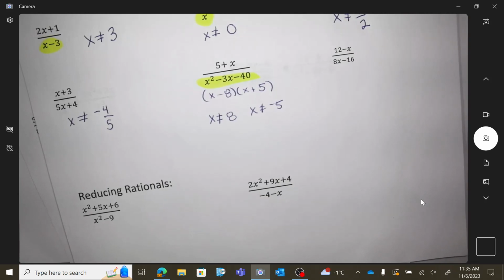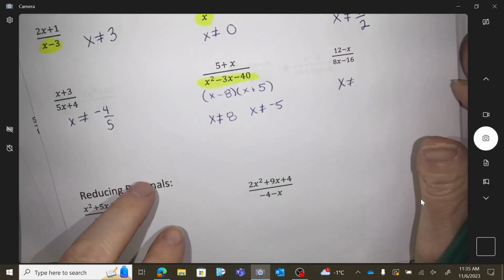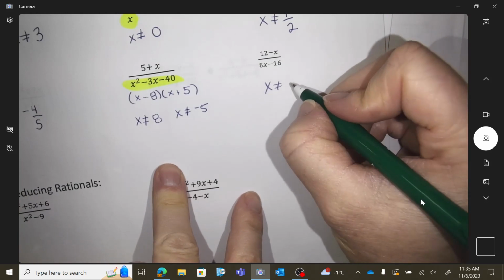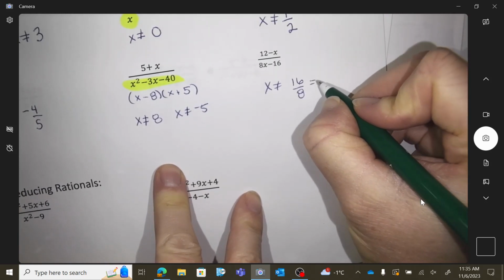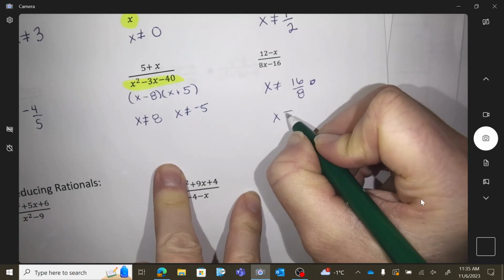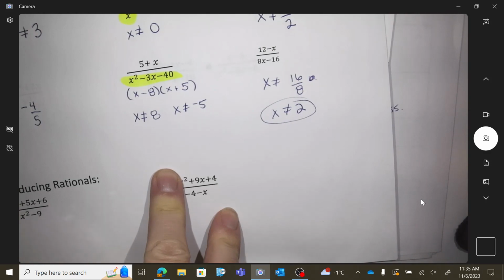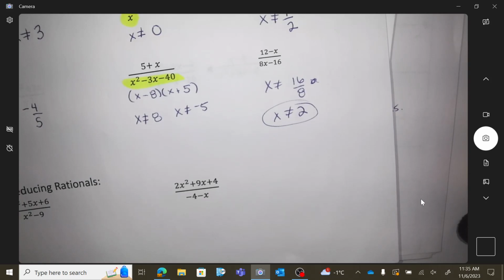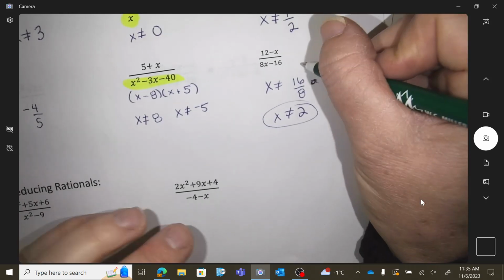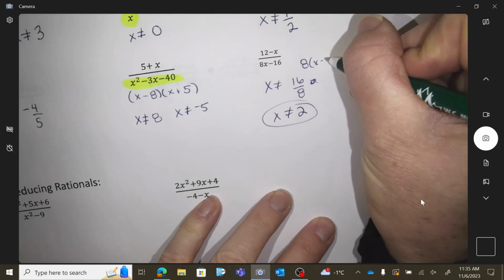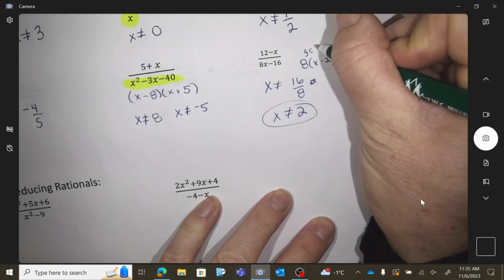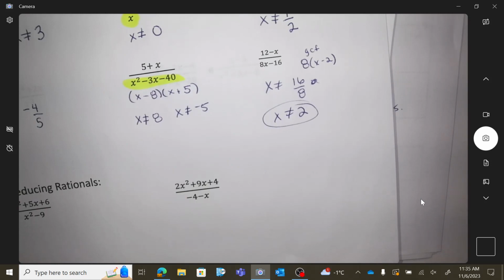So the process, the math work is the same, right? We're just looking at the concept related to fractions. And the last one, opposite divide. X can't equal 2. Okay, or you could have GCF'd.